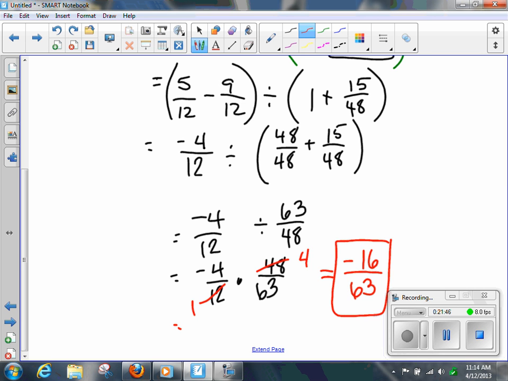How many of you had that as your value? Look at you. Excellent. How many of you reduced at the beginning? You waited to the end? Yeah, it doesn't really matter which way you do it. We're going to get the same answer in the end, okay?